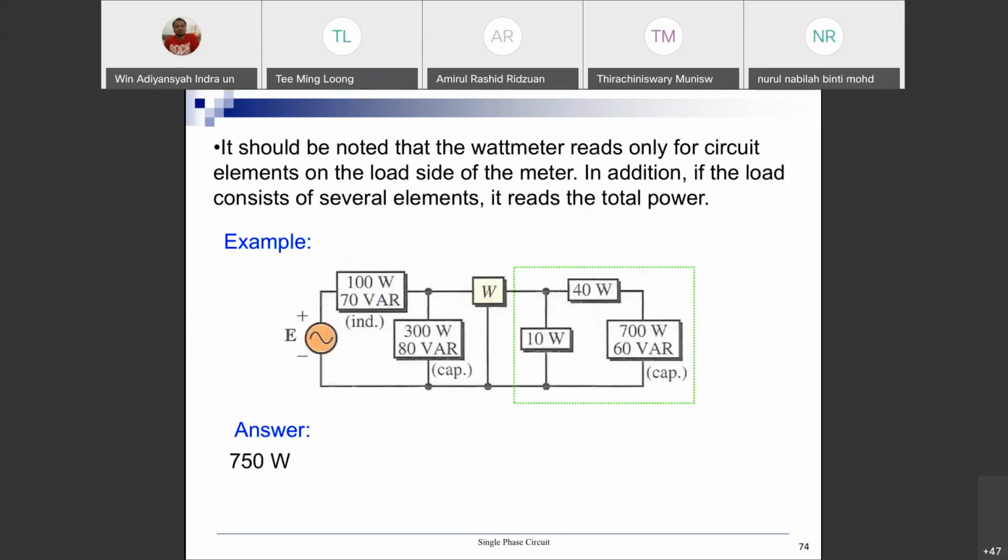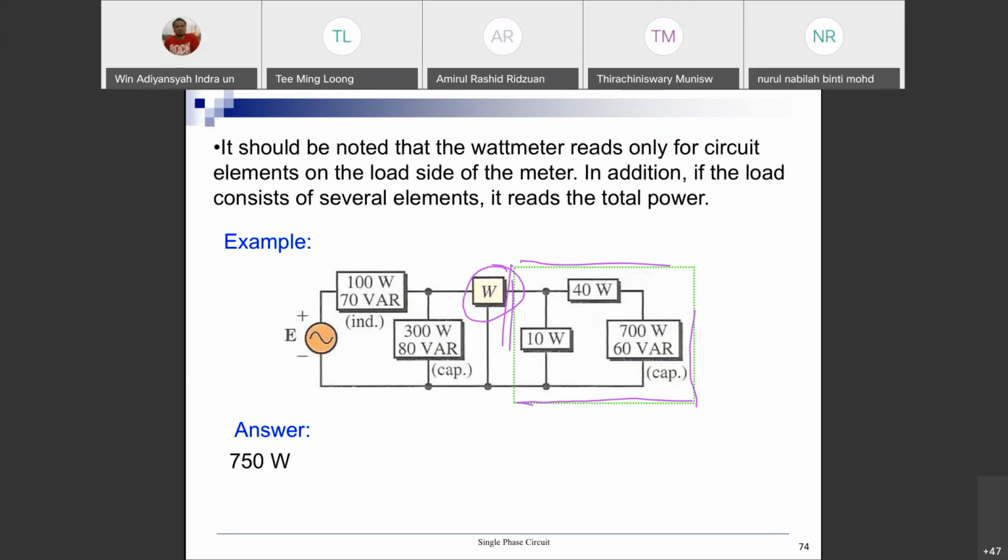Okay, it should be noted that the wattmeter reads only for circuit elements on the load side of the meter. Load side. In addition, if the load consists of several elements, it reads the total power. If you look at the circuit here, this is the wattmeter. The load side is this one, the green one here, right beside, after the wattmeter.